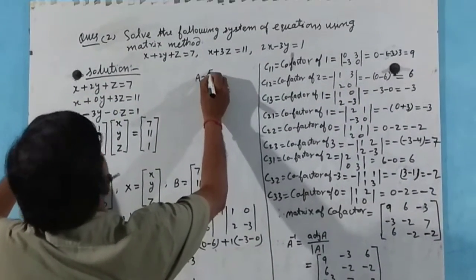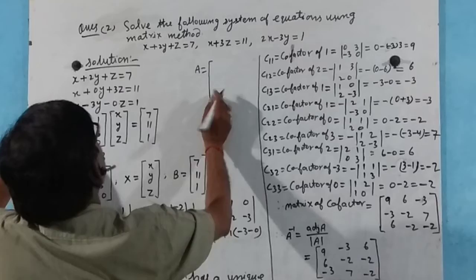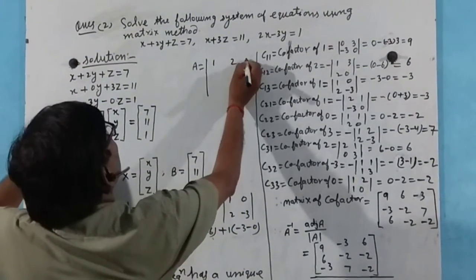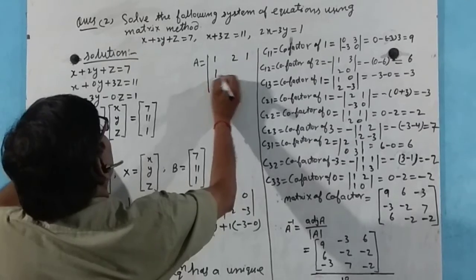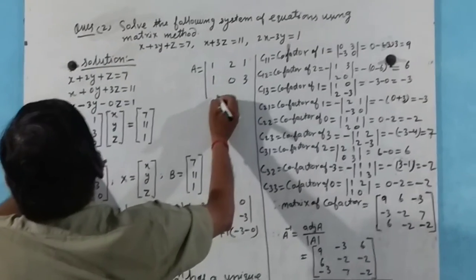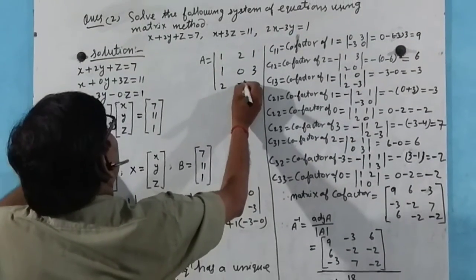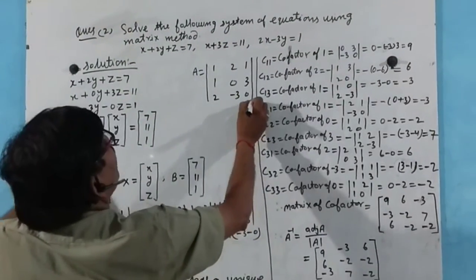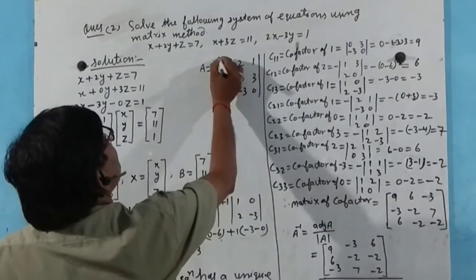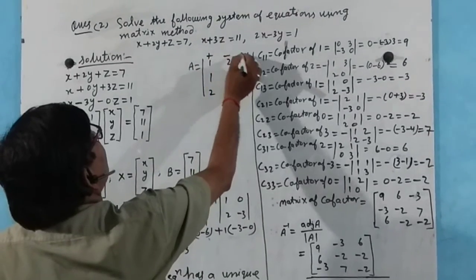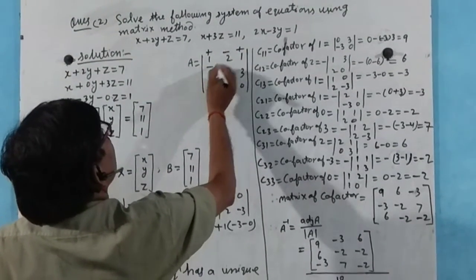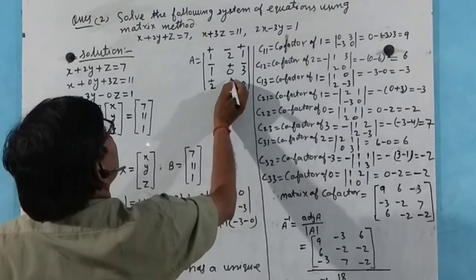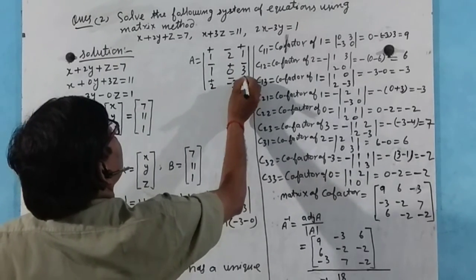A is 1 2 1, 1 0 3, 2 minus 3 0. Now we calculate the cofactor of each term. The signs are plus, minus, plus, minus, plus, minus, plus, minus, plus.